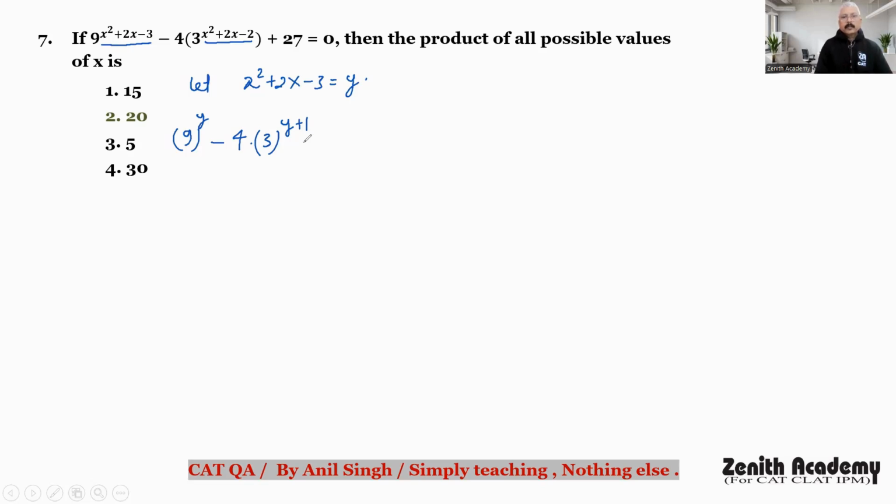So this is minus 4 into 3 to the power y plus 1 plus 27 equal to 0. And now it is 9 to the power y minus 4 into 3 to the power y into 3 plus 27 equal to 0.